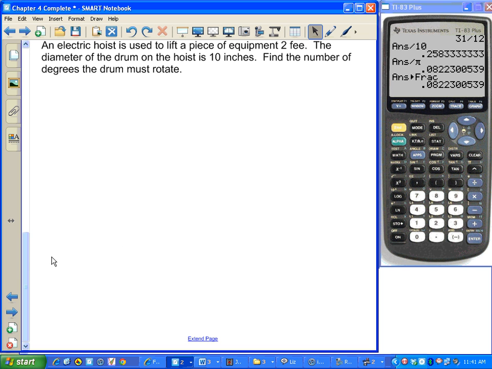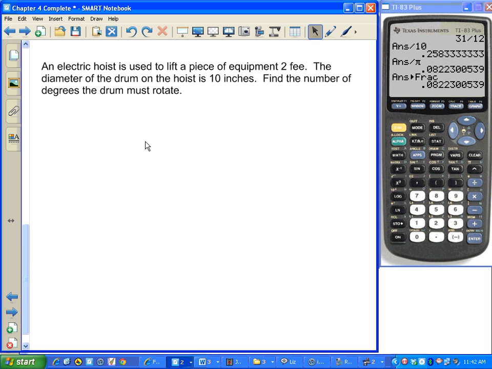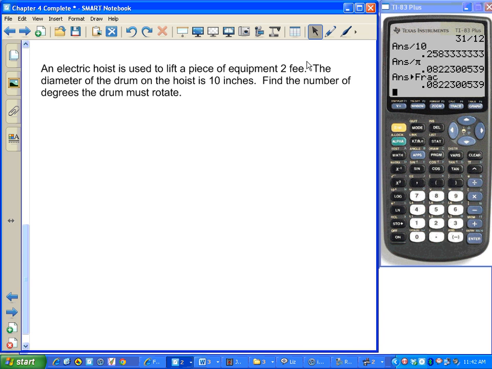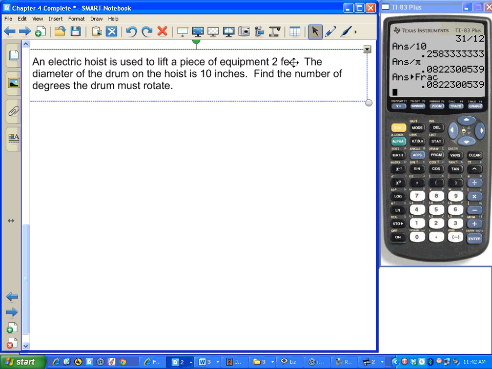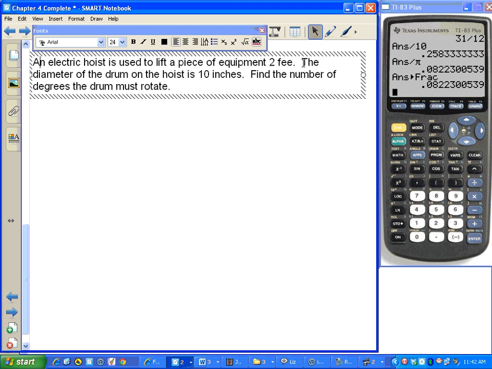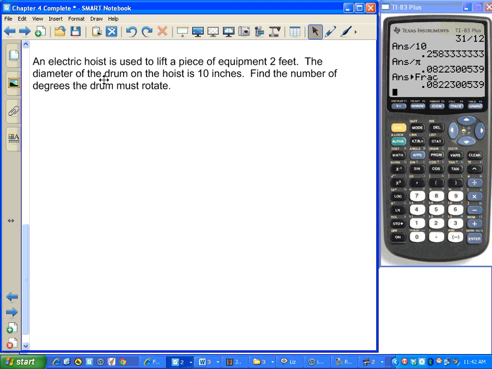Here's the type of word problem we might have using this. An electric hoist is used to lift a piece of equipment 2 feet. The diameter of the drum on the hoist is 10 inches.